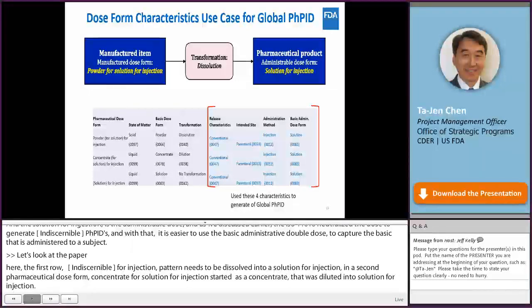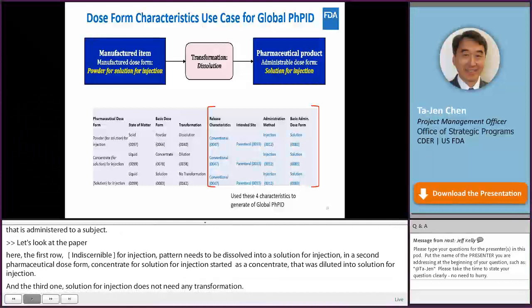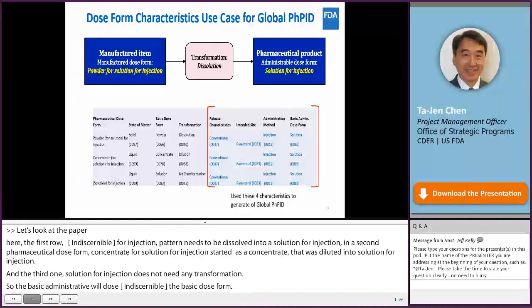So the basic administrable dose form is equal to the basic dose form. So let's look at the 4 columns on the right. We know that the 4 characteristics together are sufficient and adequate to represent the administrable dose form. The original 6 characteristics are actually associated with the manufactured dose form.